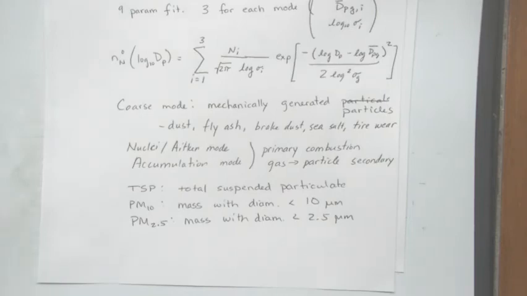Now, in practice, these get measured with real devices, and those devices don't have sharp cutoffs at 2.5 microns. They're fairly sharp, but they'll sample all 2 micron particles, most 2.4 micron particles, about half of the 2.5 micron particles, and then hopefully the cutoff is sharp enough that they don't sample any beyond.